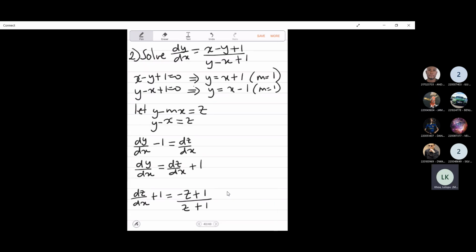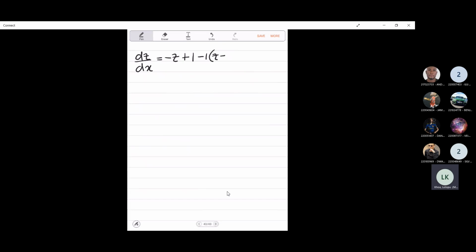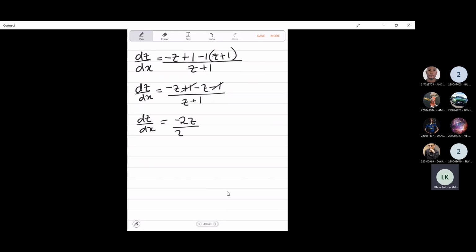So dz/dx, this is minus z plus 1 minus z minus 1 over z plus 1. So dz/dx, this is minus 2z, and these two cancel, over z plus 1.